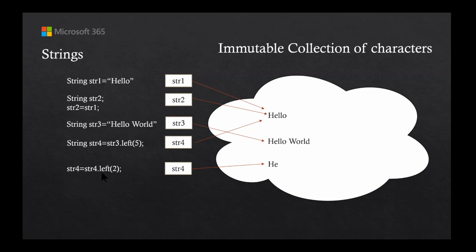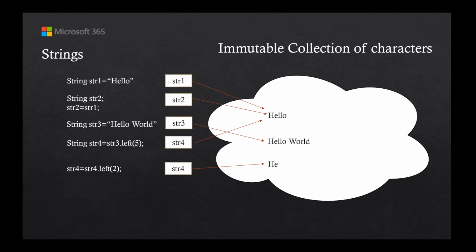Now you want to assign he to str4, it will check in the pool, are there any he's lying here? No, right? So it will create a new instance of it and assign str4 to this. So now you saw this hello remains unchanged and str4 gets assigned to he now. Okay, and this linkage is gone.